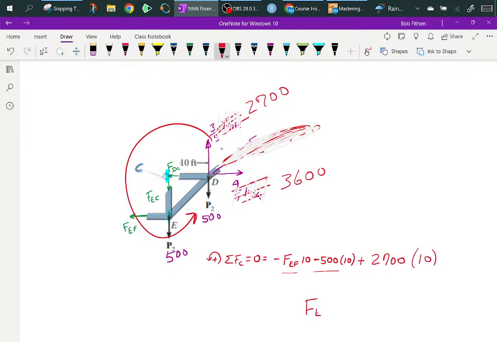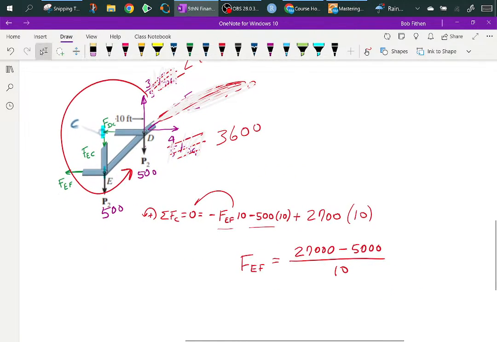So I got FEF. I can move that to the other side, and I would get 27 with an extra 0 minus 500 with an extra 0 divided by 10. I might not even need to use the picture here. 22, but an extra 0.